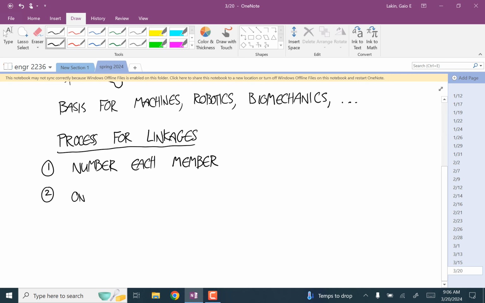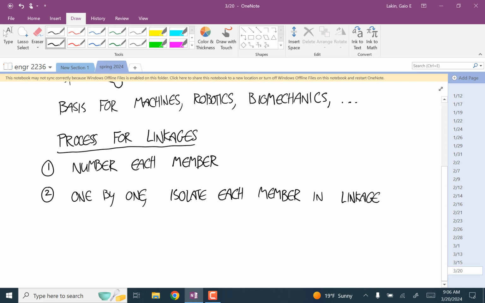Second, one by one, isolate each member in the linkage, and use Newton's laws. So I'm talking about Newton's second law and the moment equation.